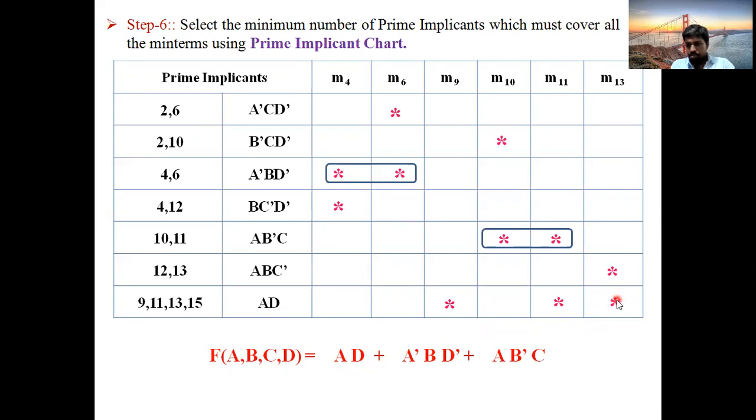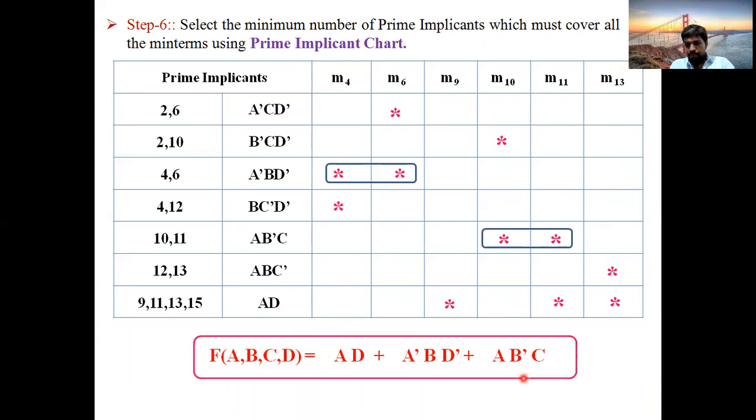If two stars are there, that means either of these two terms can be selected. Already this term is written previously, so take this only, then you can skip this. So M13 will also be simplified. So each and every column has been simplified. Therefore, this will be your final answer.